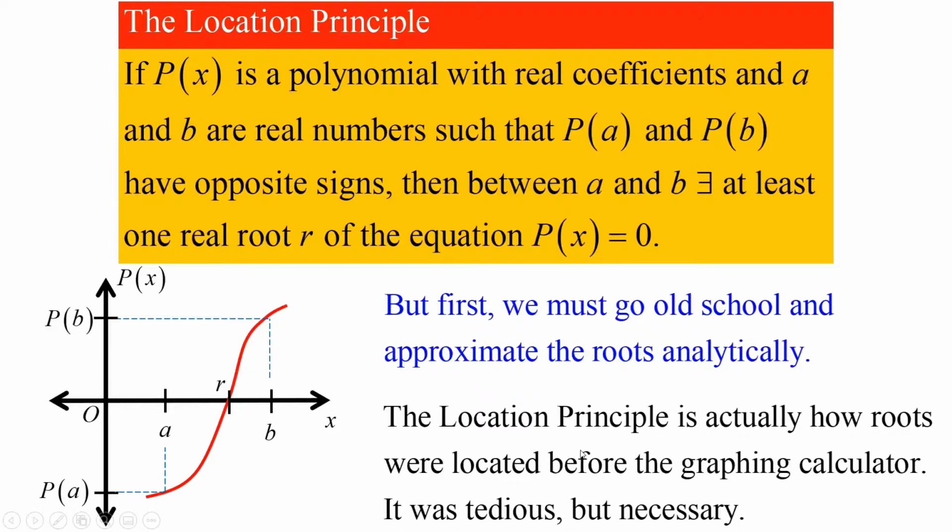The location principle is actually how roots were located before the graphing calculator. It was tedious but necessary. Now, most of the time we try to solve without these approximations, but we cannot solve every polynomial equation, and that's why we needed the location principle.